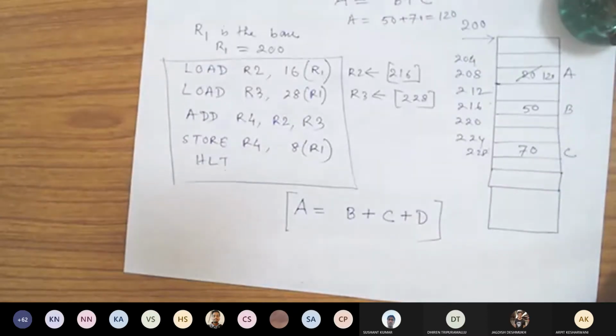Okay, good. I think Sushant has also given a solution. His solution is the same. Good. Any difficulty in understanding these things? Please let me know.